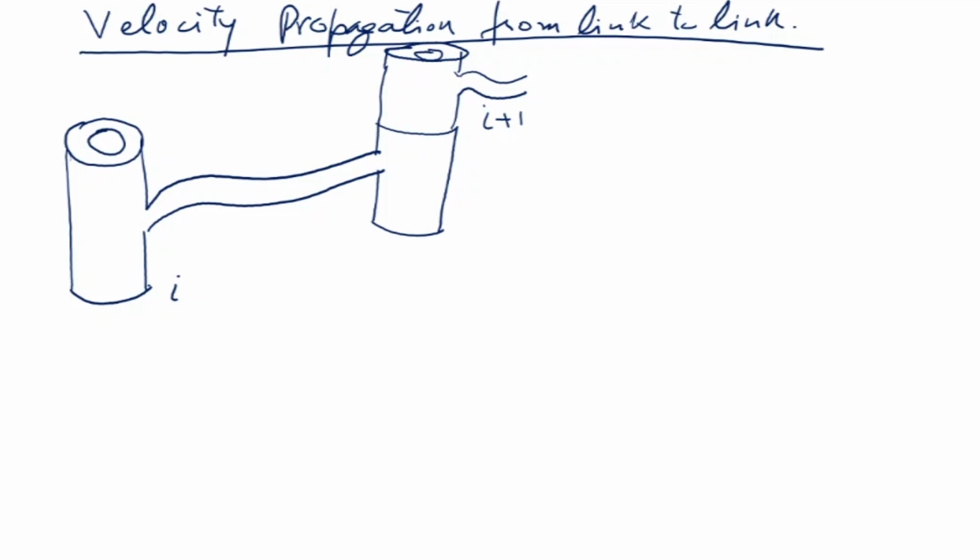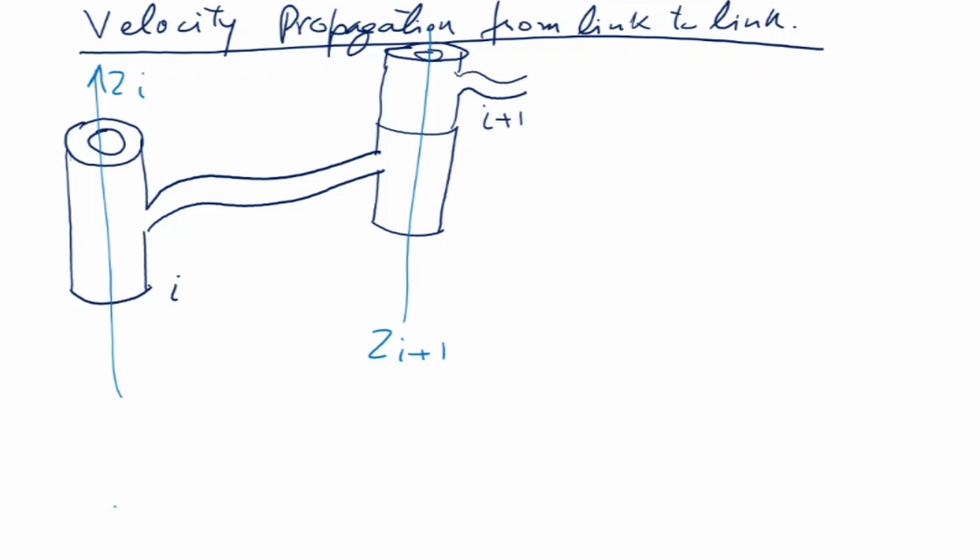Now we can assign our frames. So this is my Z i or Z i minus 1, whatever. The next one is my Z i plus 1. Now we see that there are angular velocities acting at this point.